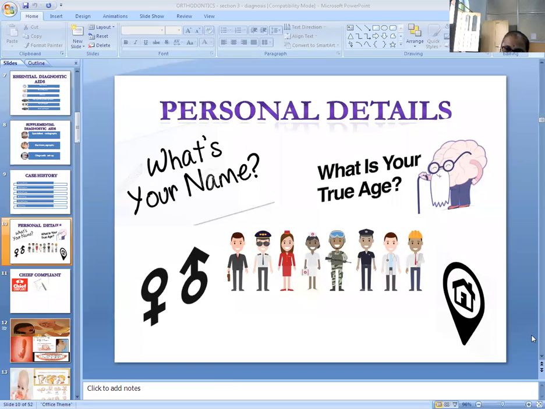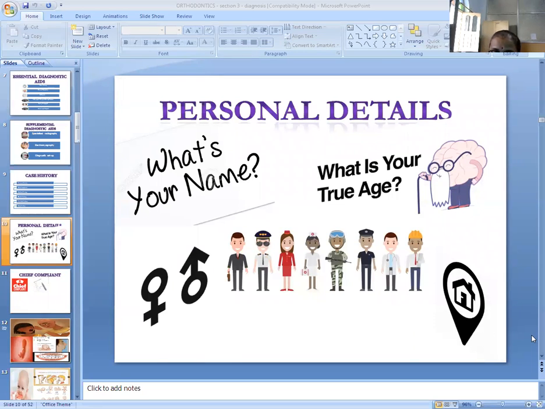Likewise, if the patient or the parents do not have much earnings, we'll go for lower cost treatment. For example, if a patient comes from a rural area or a slum area, and an orthodontist suggests aligners or lingual appliances, the patient will not afford such costly appliances and will not start the treatment. So occupation is important for socioeconomic status.